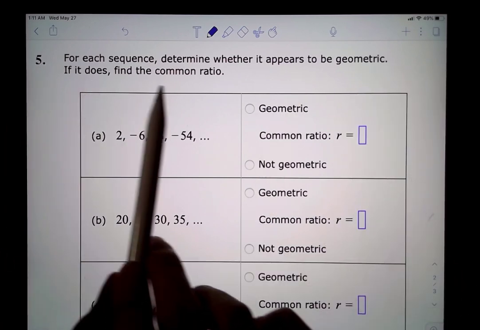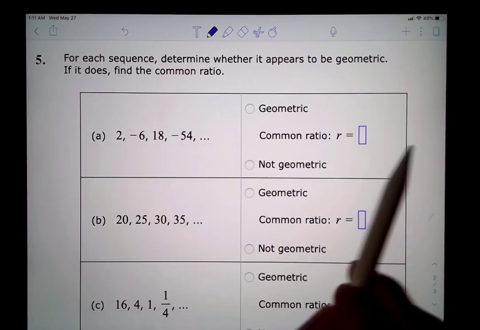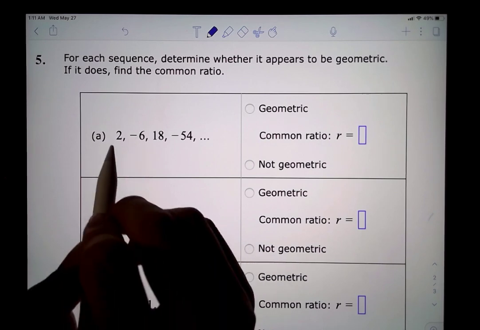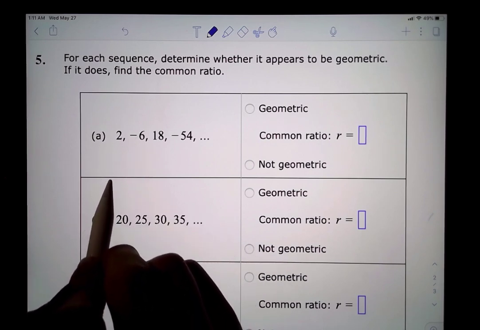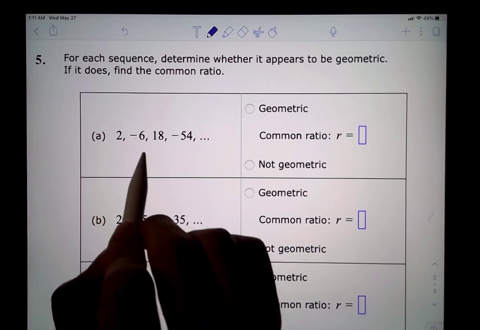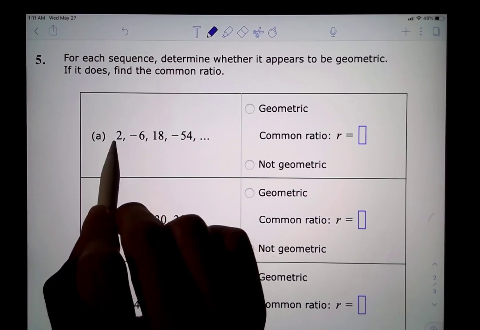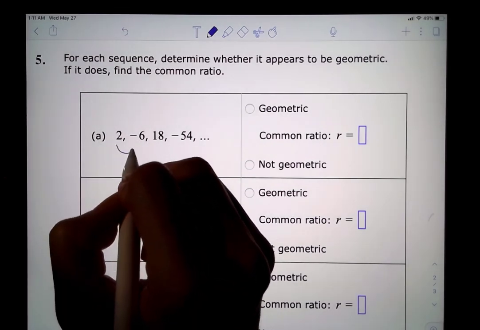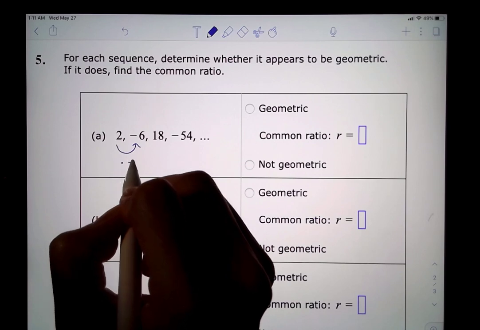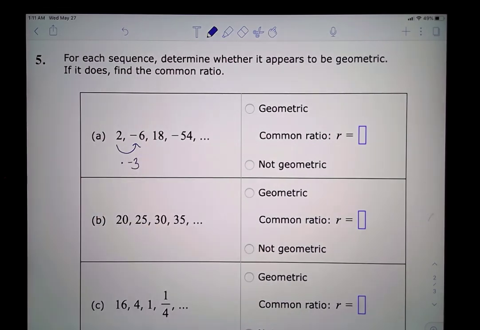If it does, find the common ratio. That's the question. So look, let's check. Then you just think about the number. How can I get my second term? From 2 to negative 6, you should multiply by negative 3. So when you multiply by negative 3, you get negative 6.